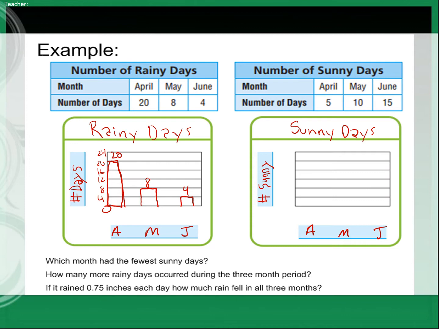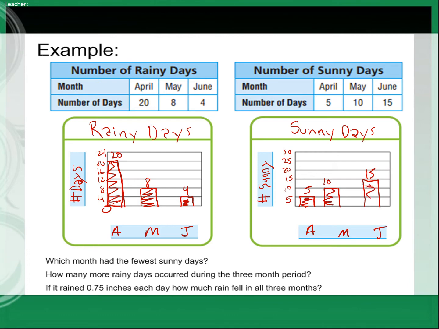This time we're counting by fives though. 5, 10, 15, 20, 25, 30. So April had 5, May had 10, twice as much, and June had 15, 3 times as much. You can shade them, you don't have to. I like to shade mine in just for decoration.